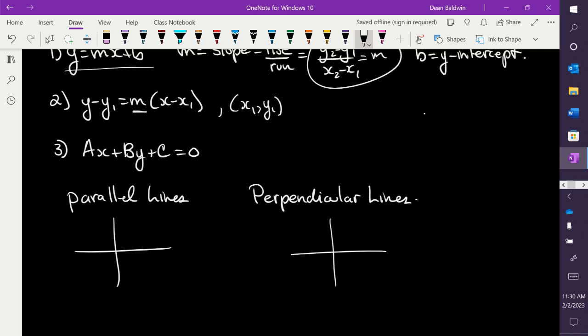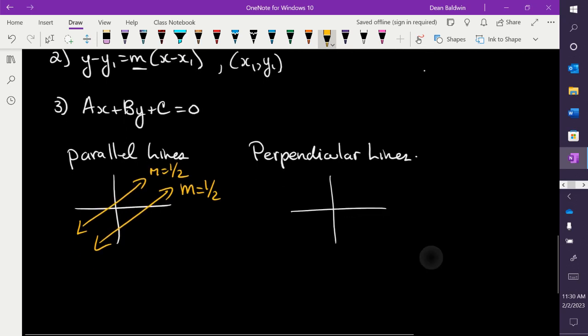Because they have the same slope. So they never ever touch because the slopes are the same. Right? If the slopes are different, at a certain point, they will converge and equal each other. So parallel lines have the same slope.